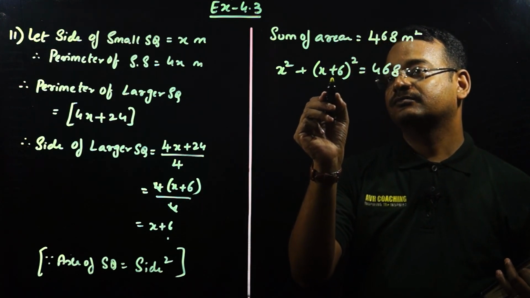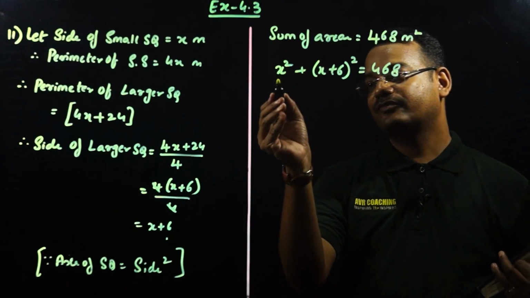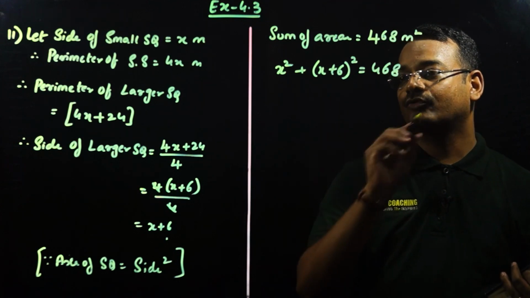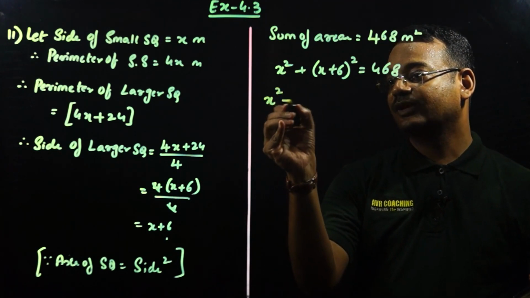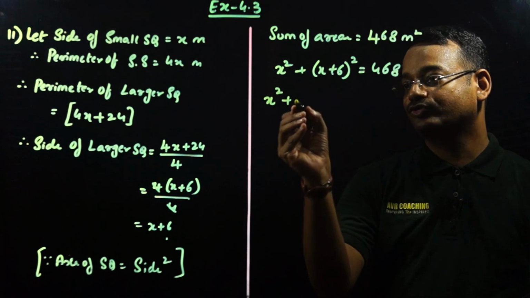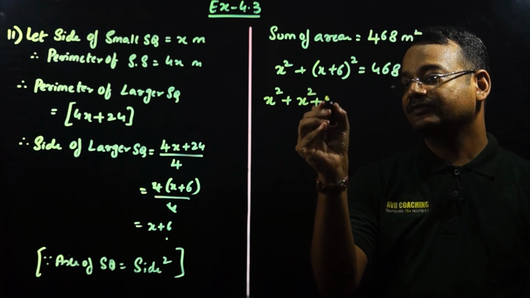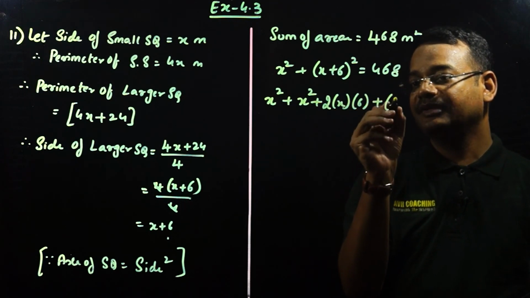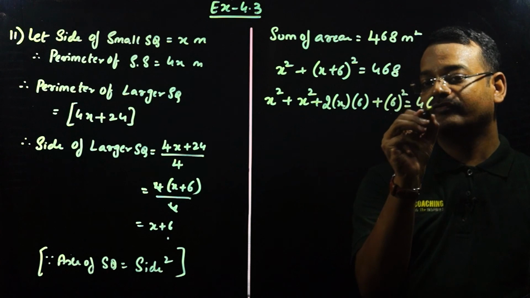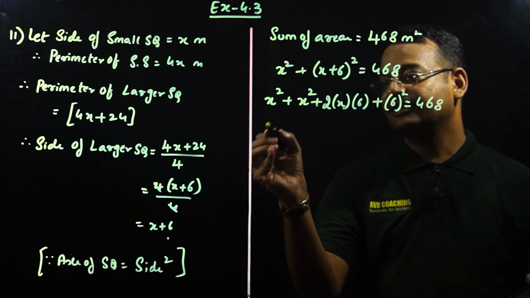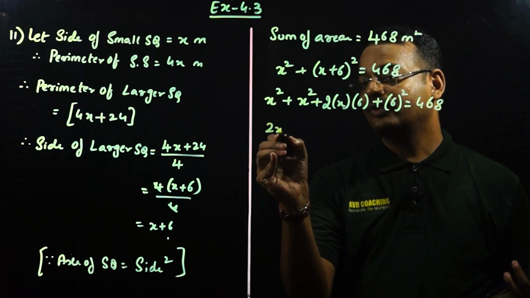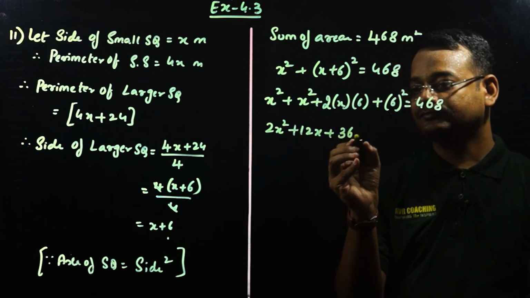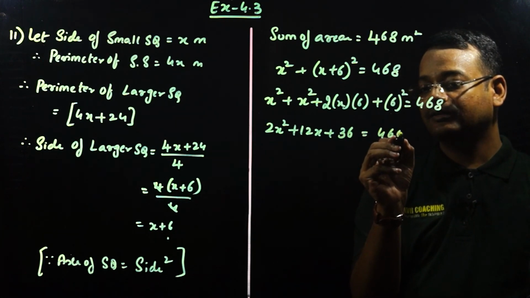So the sum of areas, the area of the smaller square plus the area of the larger square, is equal to 468. So this is x square plus (a plus b) whole square, that is a square plus 2ab plus b square, equal to 468. So this can be written as x square plus x square is 2x square plus 12x plus 36 equal to 468.